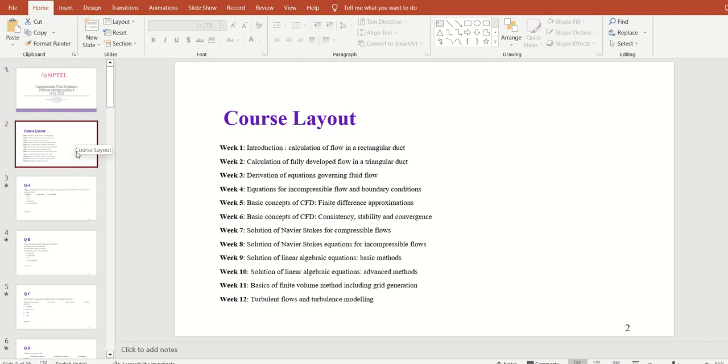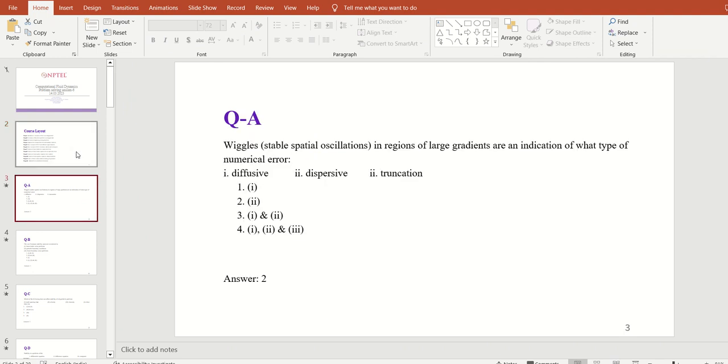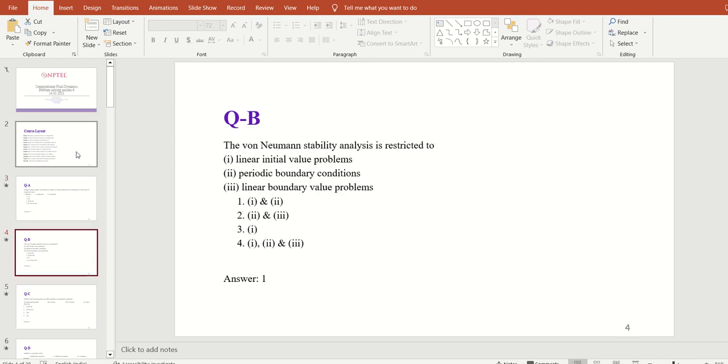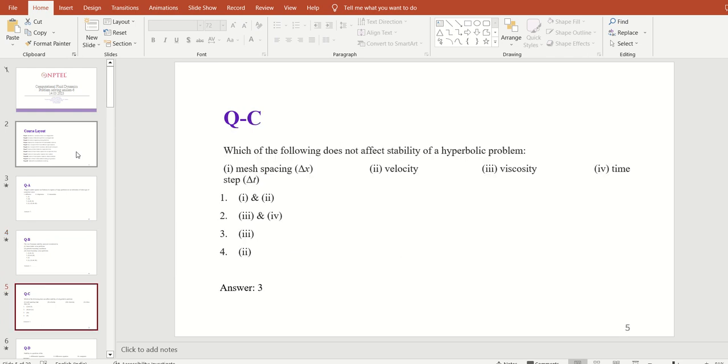In today's session, the main focus was on convergence, consistency, and stability, and we saw different types of error like diffusive error, dispersive error, and truncation error, and how dispersive error is the oscillations. We also saw the von Neumann stability analysis, which is used for linear initial value problems as well as periodic boundary conditions, and which uses Fourier series to analyze it.